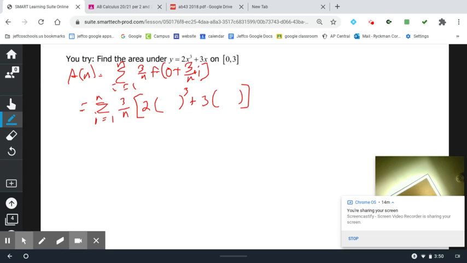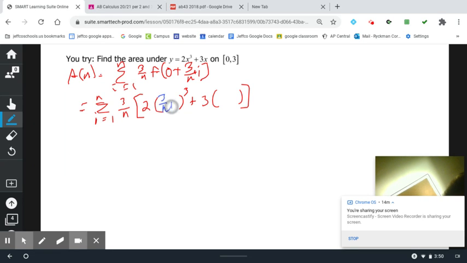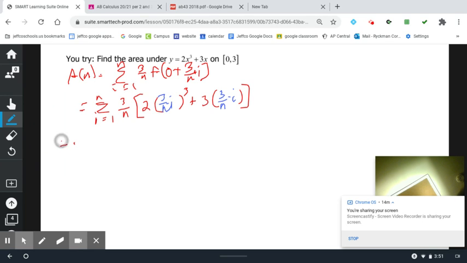So there's 2 different x places I'm going to need to put in this time. And so I'm going to have 2 different 3 over n i's. Okay, so cleanup time.